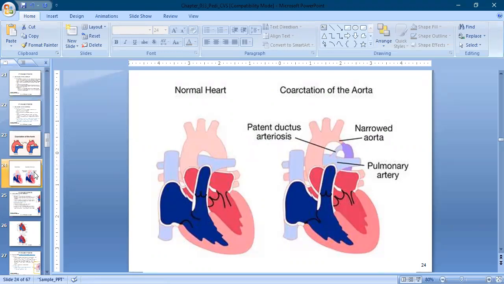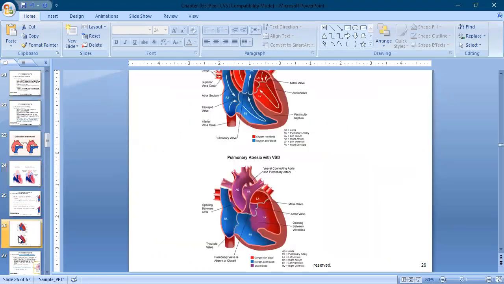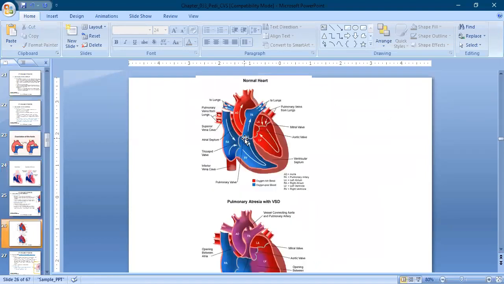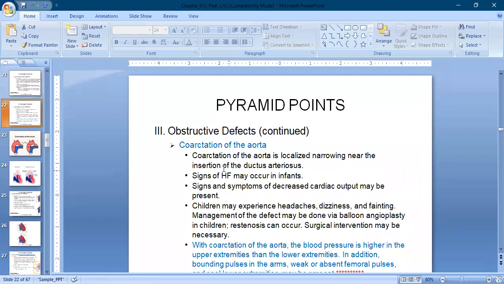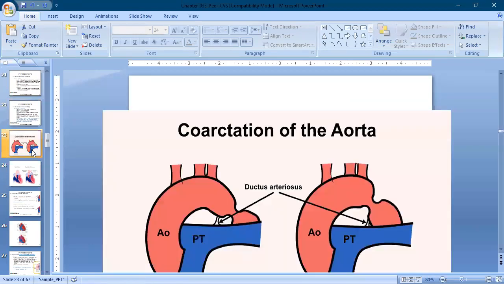And here, in this picture, let me show. Coarctation of aorta is a localized narrowing near the insertion of the ductus arteriosus. So if the narrowing of the aorta is close to the ductus arteriosus, this is coarctation of aorta.